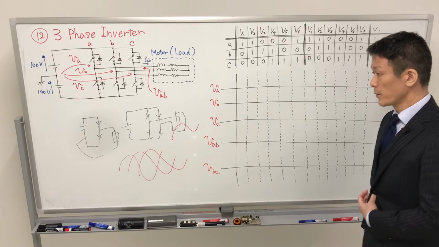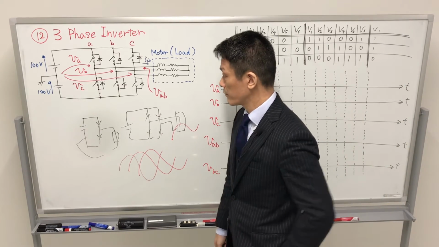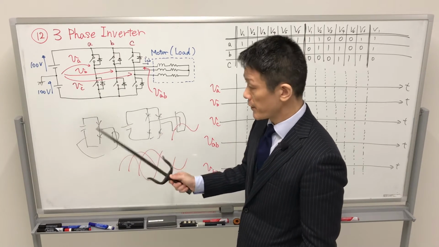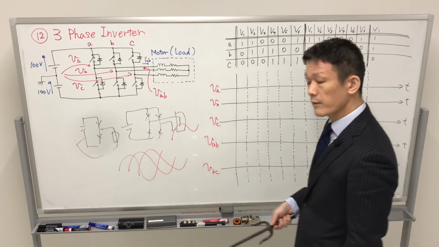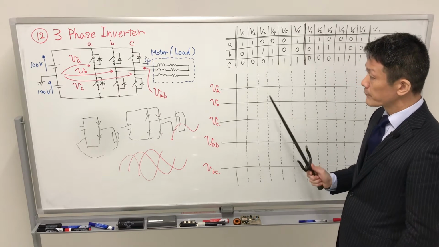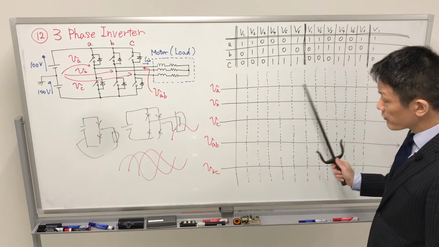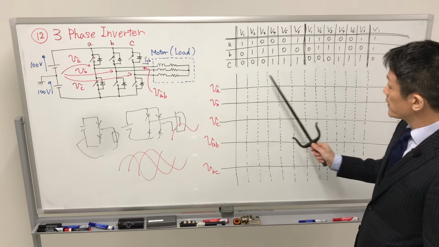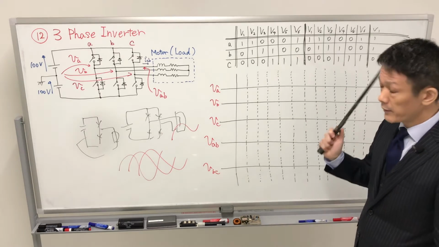Of course, you can understand the VA, VB and VC from the last lecture. Please check the last lecture video and illustrate VA, VB and VC using this switching timing.